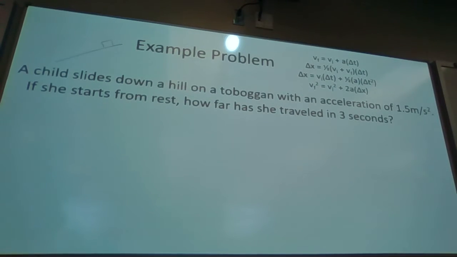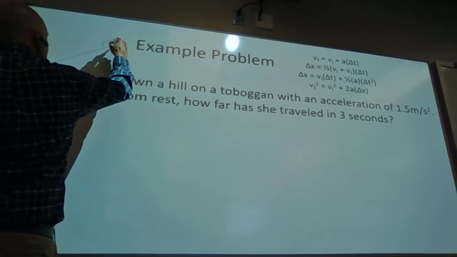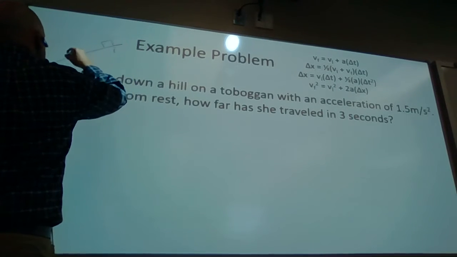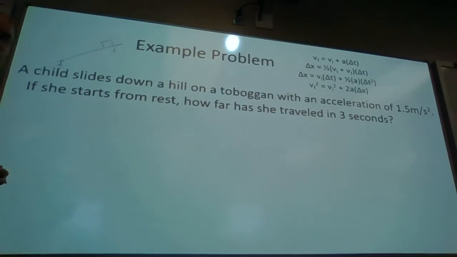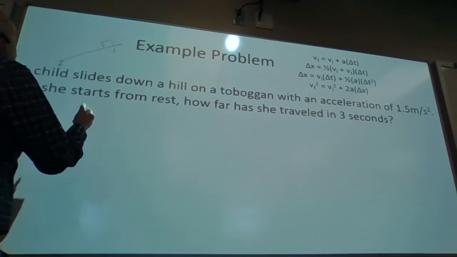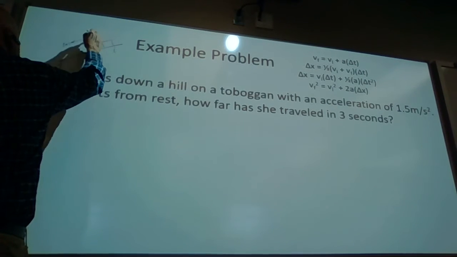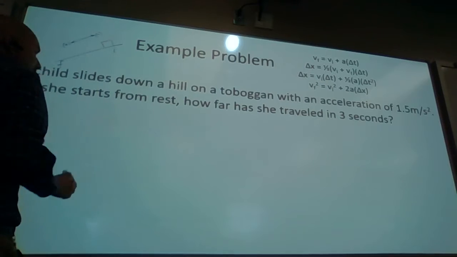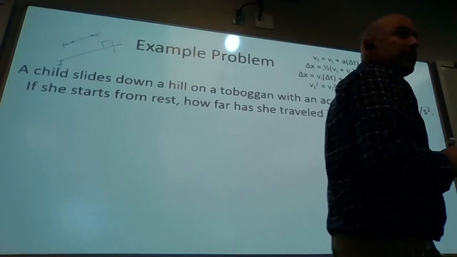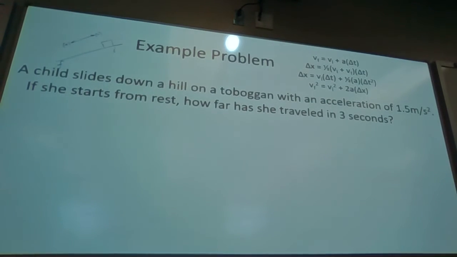Pick your initial and final positions. So I'm going to say up here is my initial, down here is my final. I'm going to pick a direction to be positive. If it doesn't specify, I'm going to make down the ramp, the way she's going, positive.